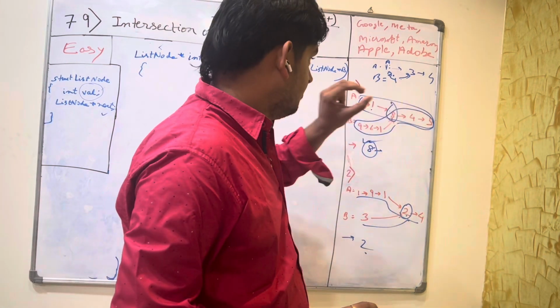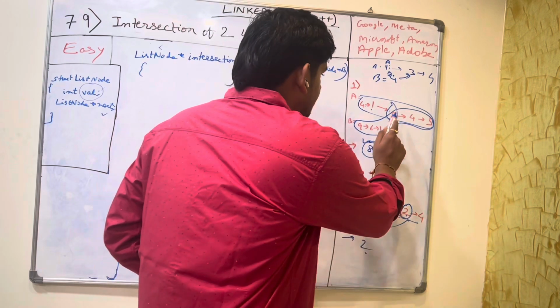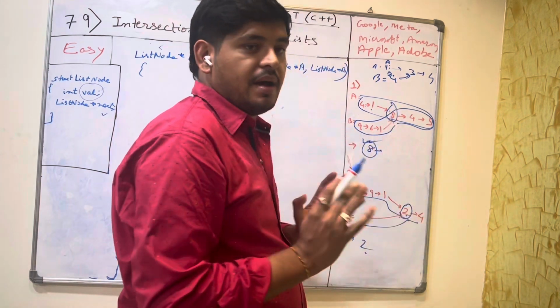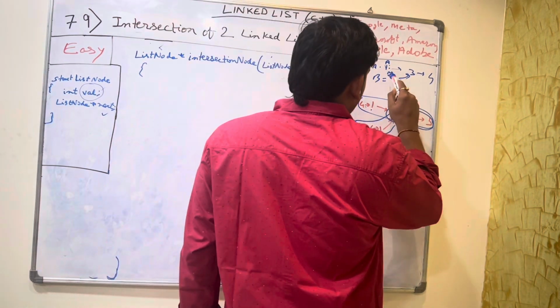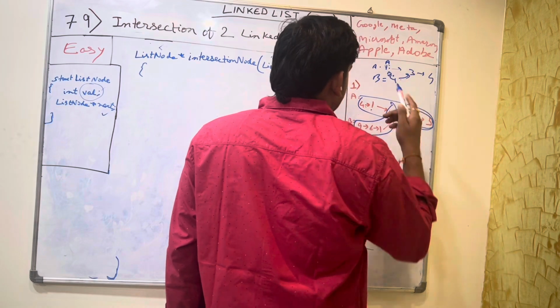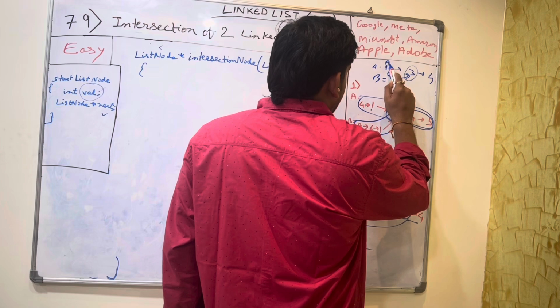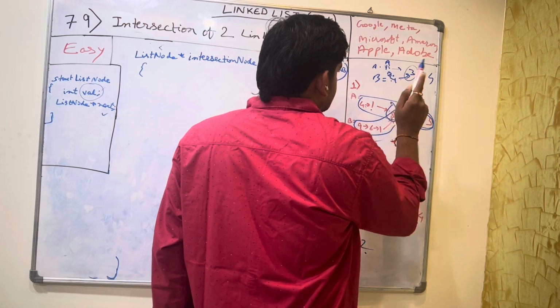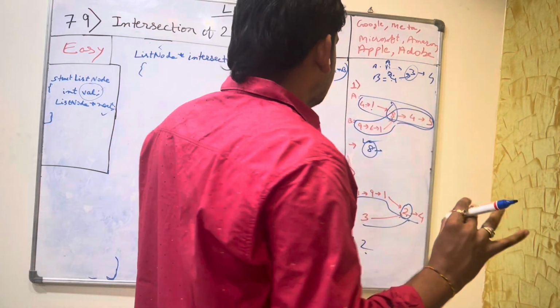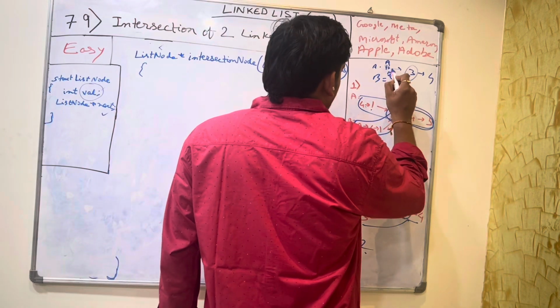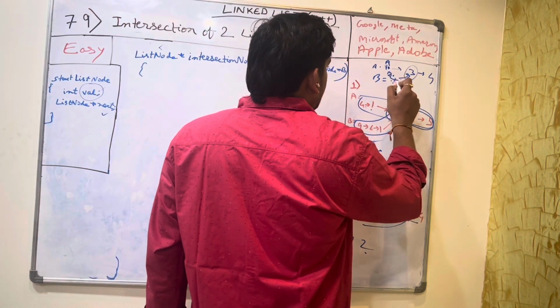We are not dealing with the number, but the pointer memory. The names could be different, but if A and B are pointing to the same memory, then they are the same. But here A and B are not pointing to the same memory. This is 1 and 4 and they are different.